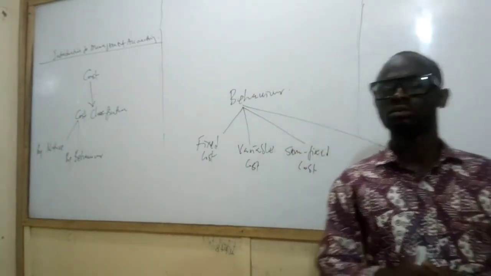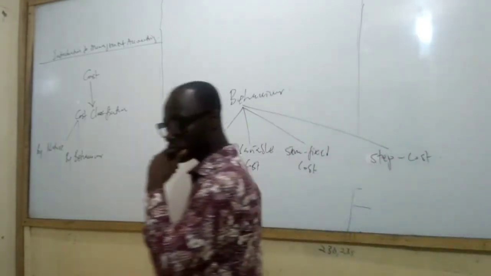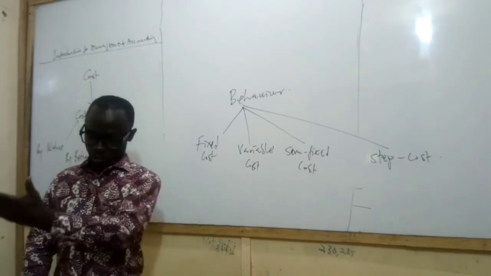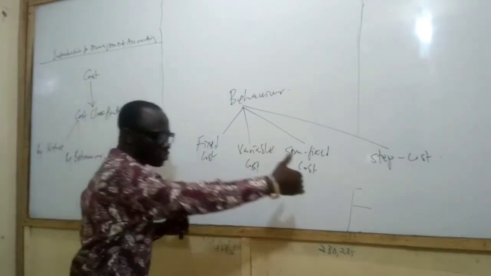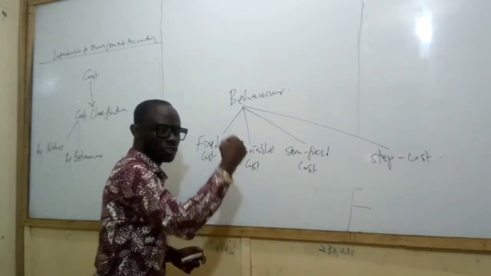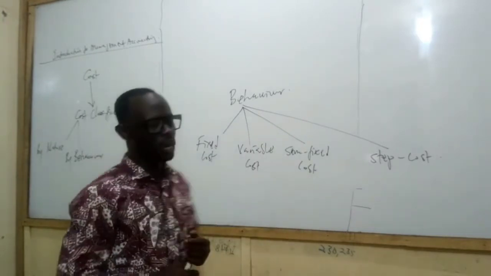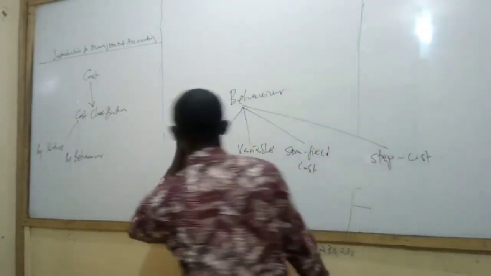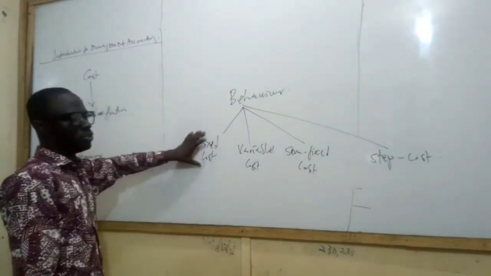It's a cost that does not vary irrespective of production. So fixed cost is the cost that remains the same irrespective of what? The output level. So that is what we can put down for that. Fixed cost is the cost that remains the same irrespective of the output level.